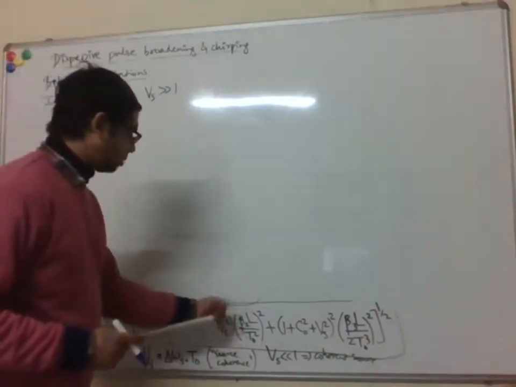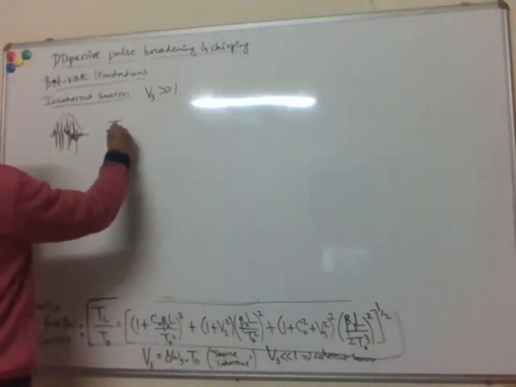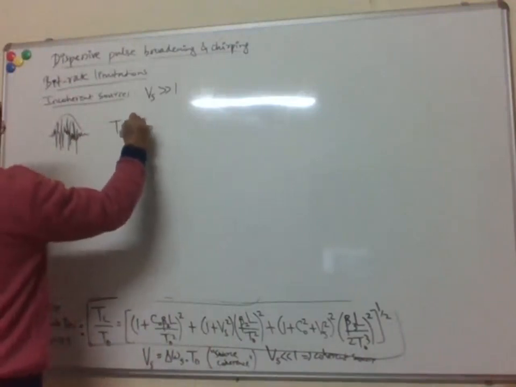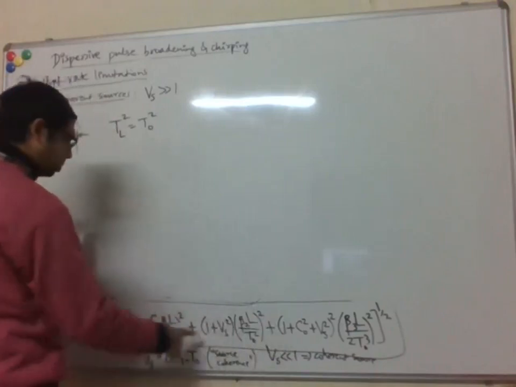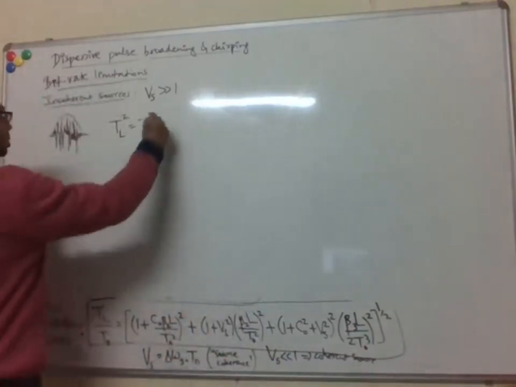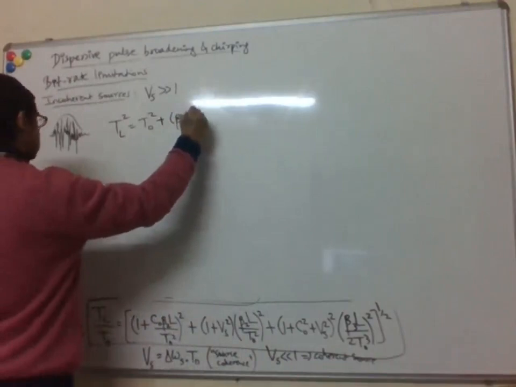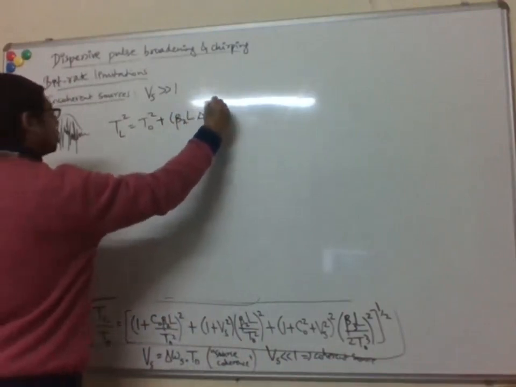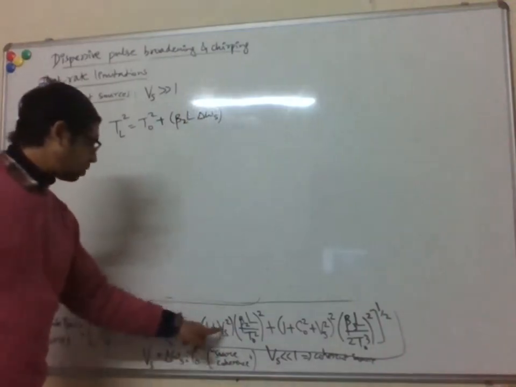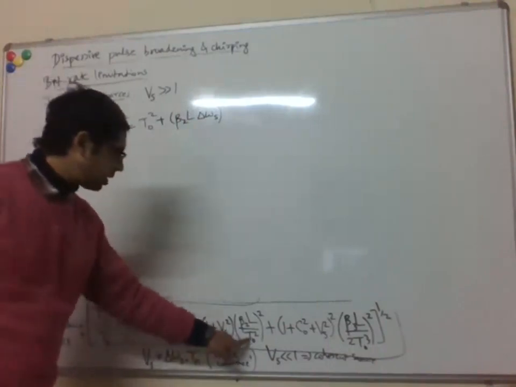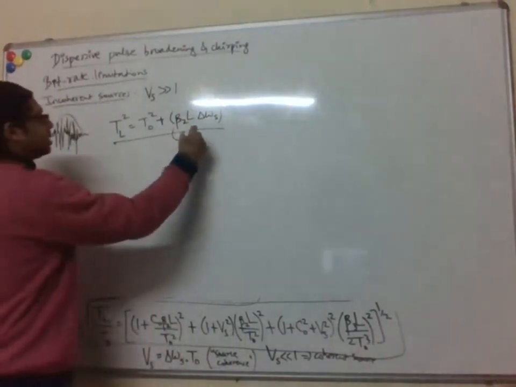So if beta 2 is not negligible, then if I neglect all the terms except this term, and for V_S I put delta omega_s times T naught, then V_S squared gives a T naught squared that will cancel out with this T naught squared. So I just get this, and you can see this is the broadening.